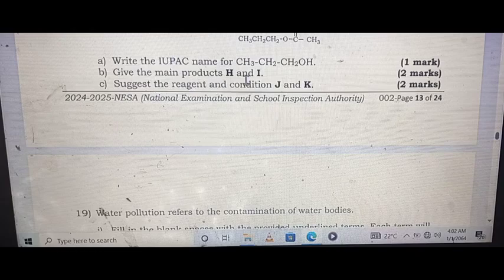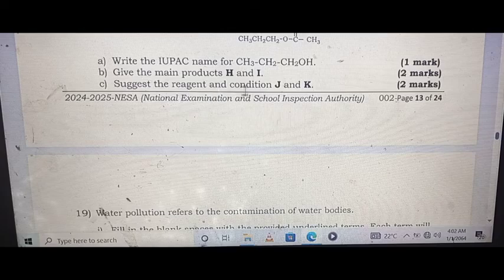B. Give the main products H and I. The correct answer: H is sodium propoxide and hydrogen gas. I is propane.